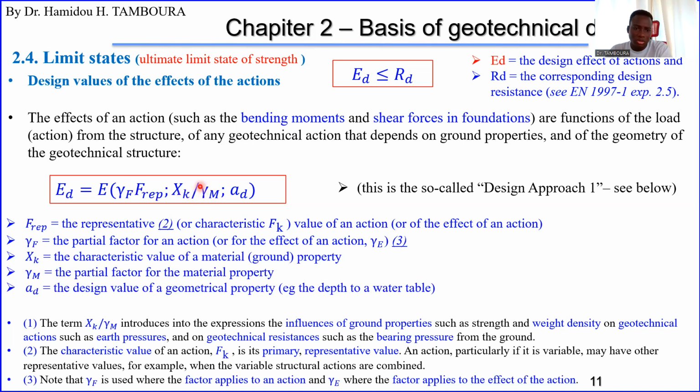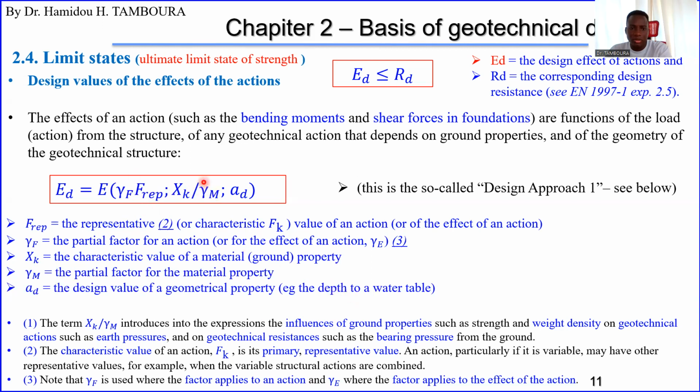That one also is divided by this partial factor to minimize this. Here is maximizing, maybe here is minimizing. But we will discuss more about these partial factors later. And the third one, we have geometrical property. For example, here we have an example, the water table.